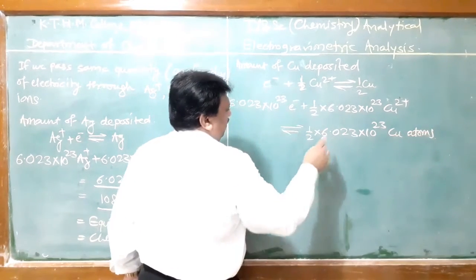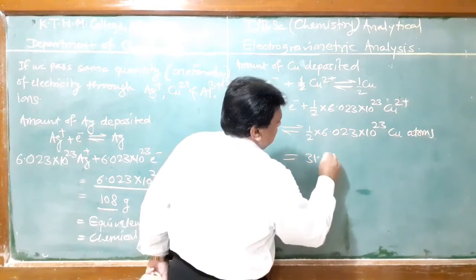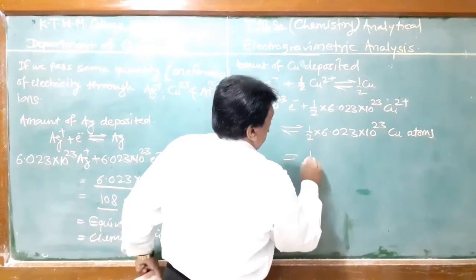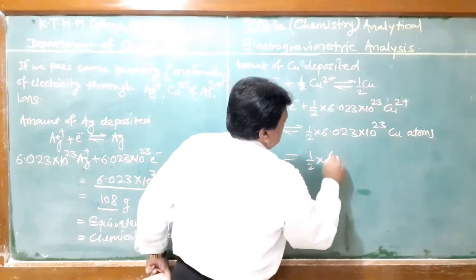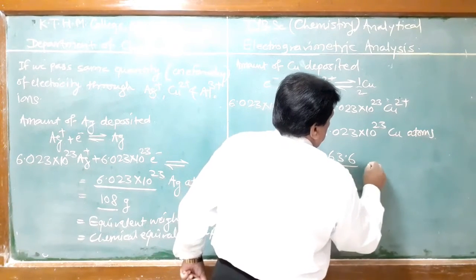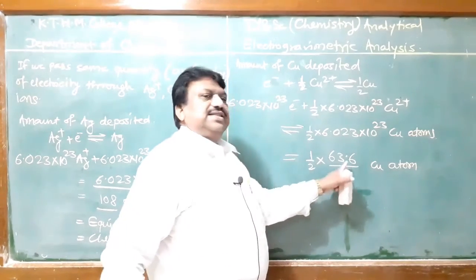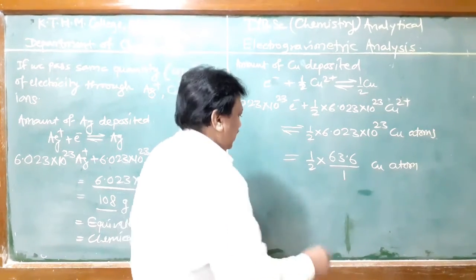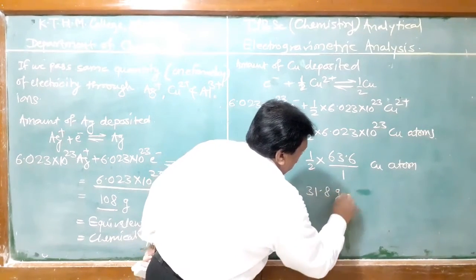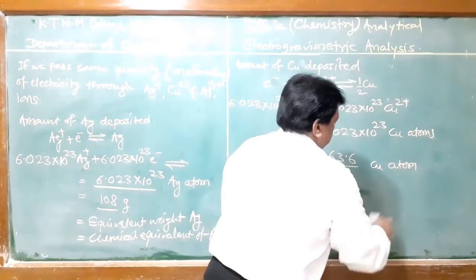This much copper has a weight equal to 31.8 gram, or we can say 1/2 into 63.6, where 63.6 is the atomic weight of copper. Therefore, half a mole means 31.8 gram of copper deposited.